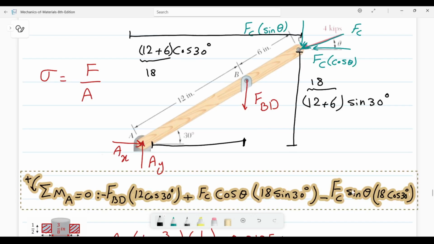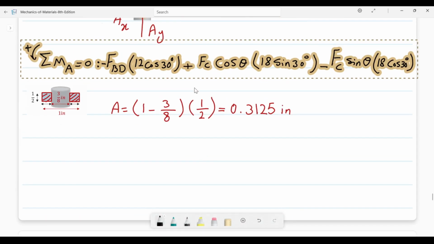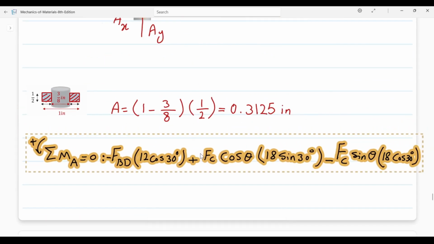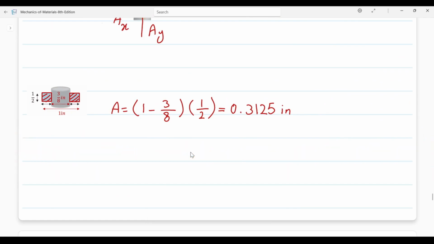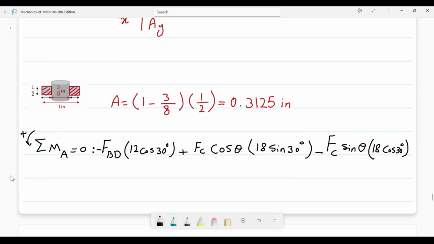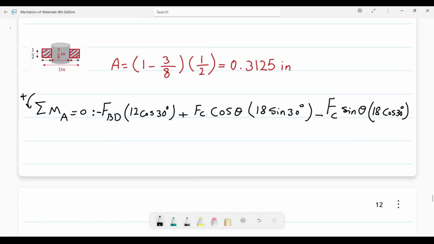Let's move this equation to here, and for part A we should consider theta equal 0. It means cosine theta equal 1 and sine theta equal 0.